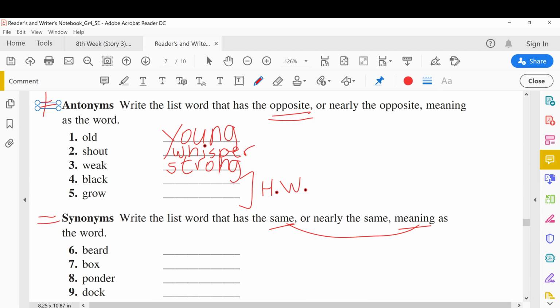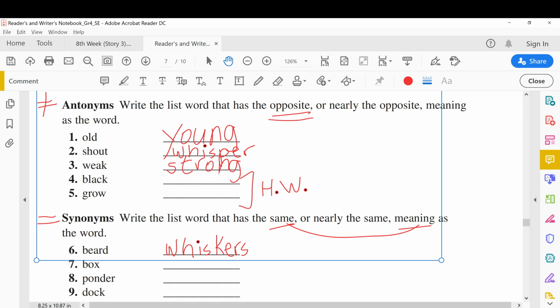All right, so write it down. Whiskers. Also, I believe you are familiar with the words because we've had those words in our dictation when we were studying wh. Then we have the word box. What's the word that has the same meaning as box?